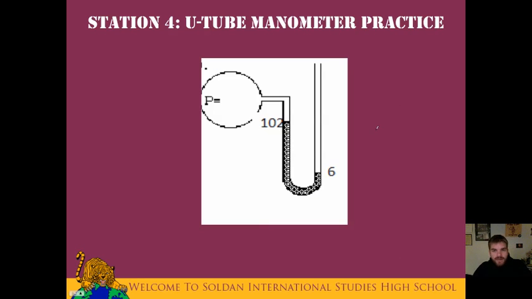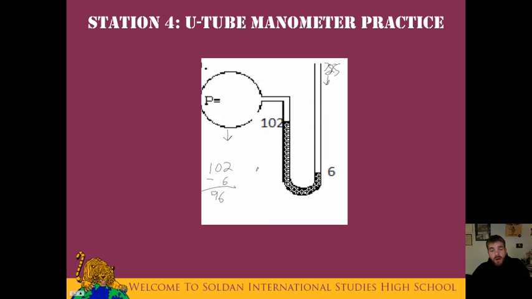Last problem here. We still have 725 as our room pressure pushing down, and notice that this side must be higher, so 725 is going to be higher, so in the bulb it has to be a lower pressure. Well, 102 minus 6 is 96, and so there's 96 difference here between the room and the bulb.